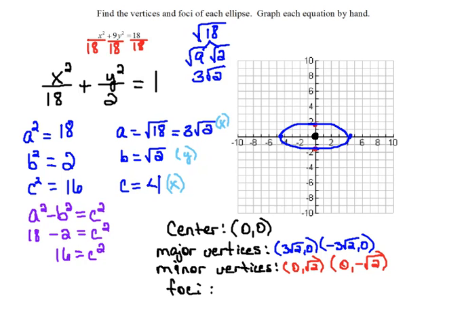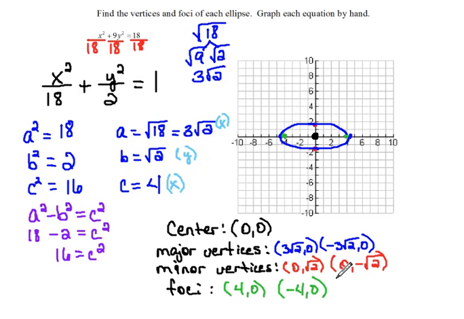So to get to the foci, we're going to go 4 units from the center in the x direction. So in this case that would be very tiny here, right here, and also over here on 4. And then just plain name those points. So the right one would be the point 4, 0. And the left one would be the point negative 4, 0.